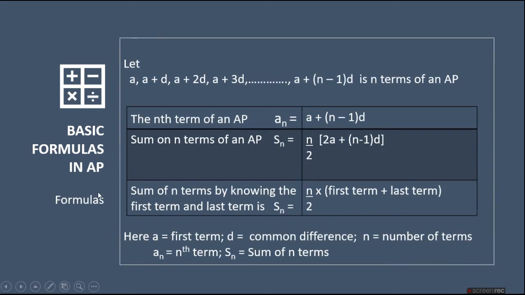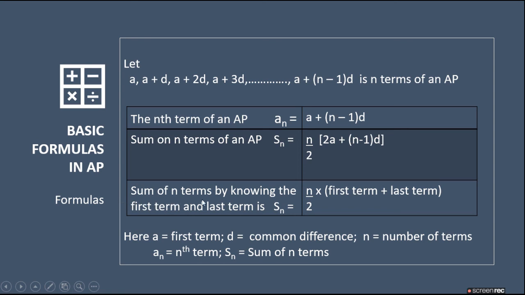So the basic formulas in APs are: let a, a plus d, a plus 2d, etc., a plus n minus 1 into d be n terms of an AP. The nth term of an AP, an, equals a plus n minus 1 into d. Sum of n terms of an AP, Sn, equals n by 2 into 2a plus n minus 1 into d.